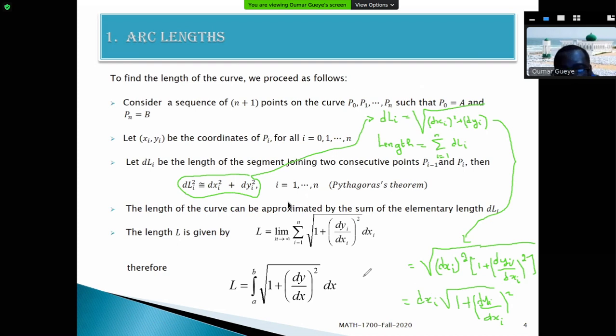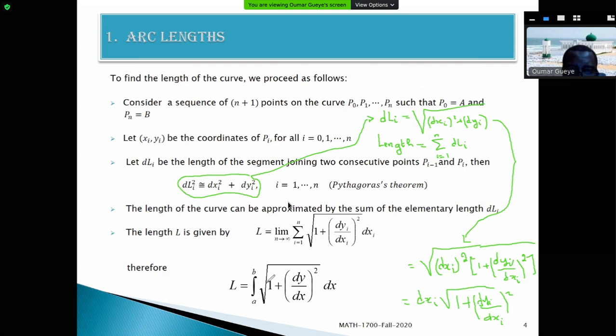And to get the exact value, we have to calculate the limit when n goes to infinity. And such a limit exists because this is a Riemann sum. We've seen that the limit of a Riemann sum, when you have a continuous function, is equal to a number. We did it a couple of weeks ago when we were defining the definite integral.